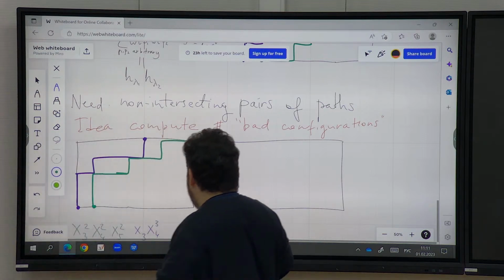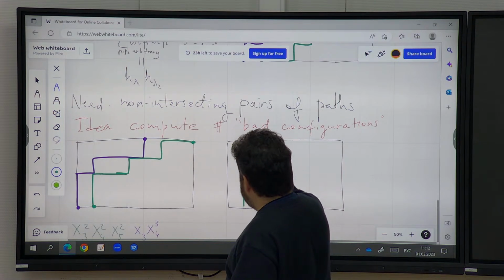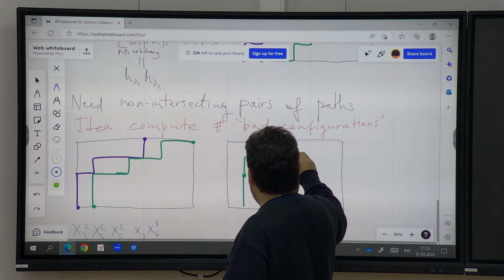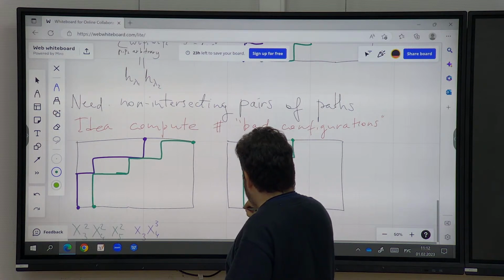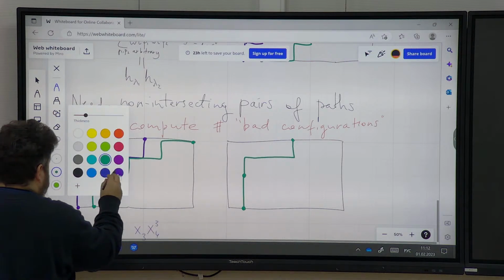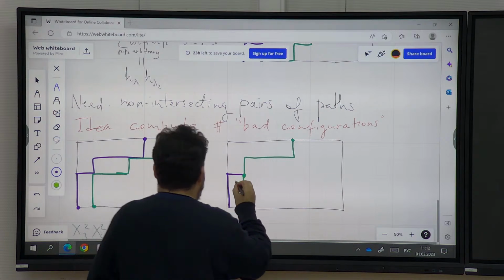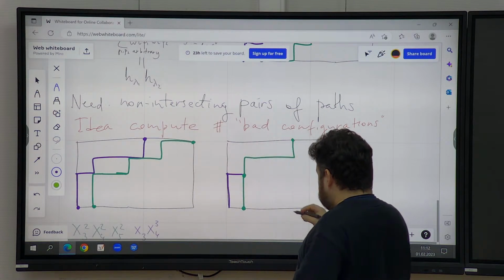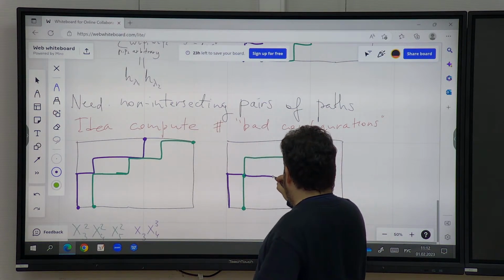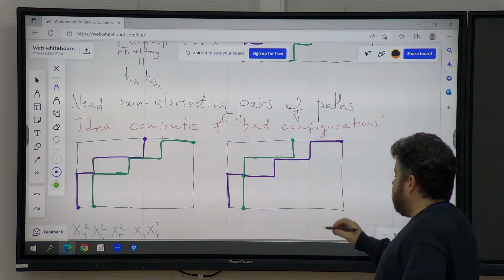So the first path will work as follows. Here's the intersection point. And the second path goes as follows.